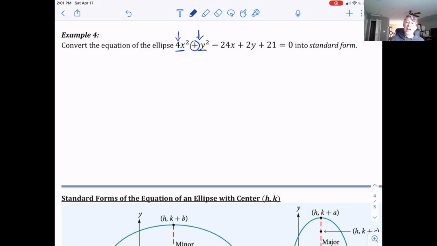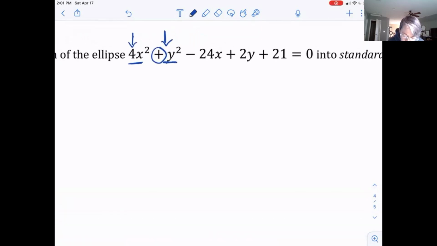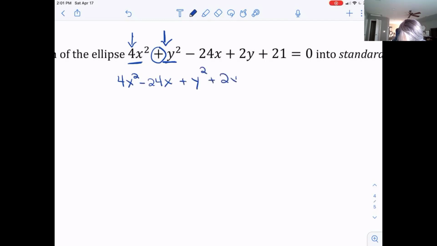So we need to get our x's together, our y's together, and we need to complete the square. So let's rewrite this guy a little bit. Let's have 4x squared minus the 24x plus the y squared plus the 2y, and let's move that 21 over to the other side. And we want to complete the square for both the x's and the y's.